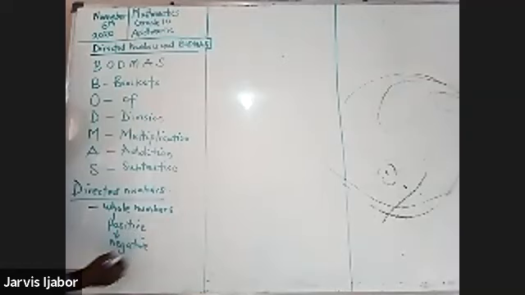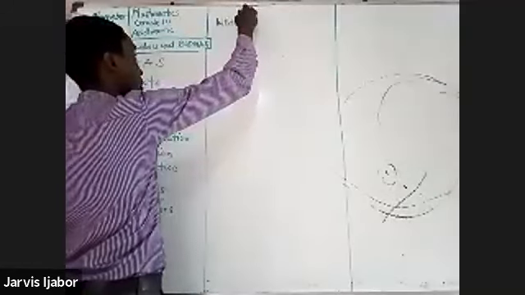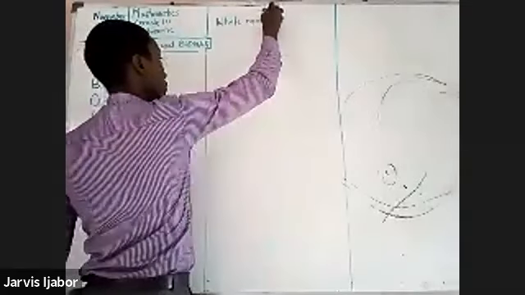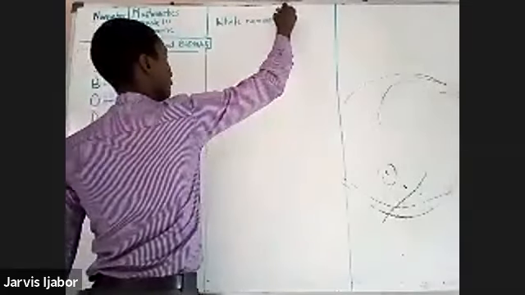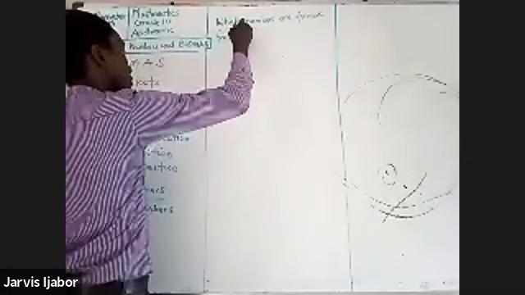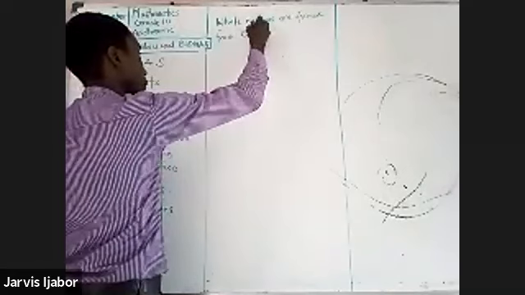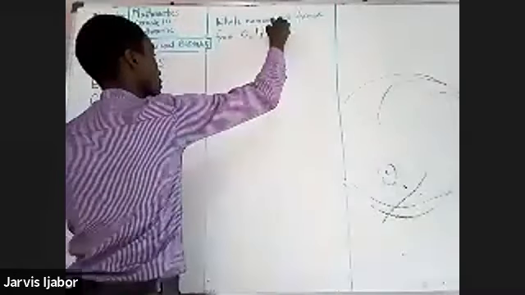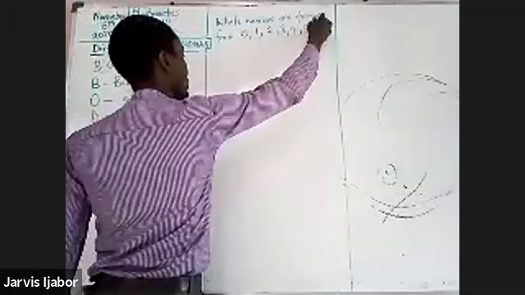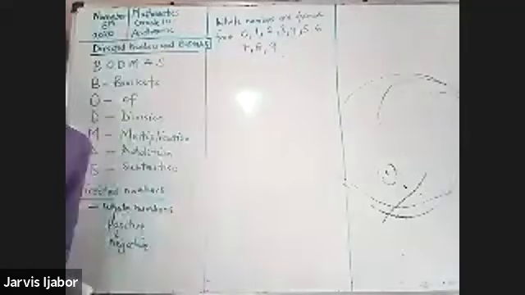And we said that whole numbers are formed from 0, 1, 2, 3, 4, 5, 6, 7, 8, and 9.